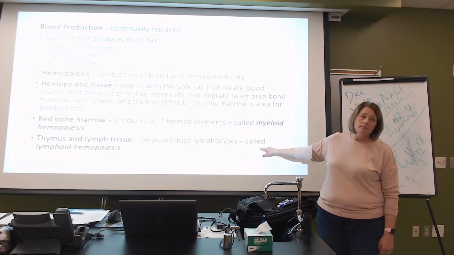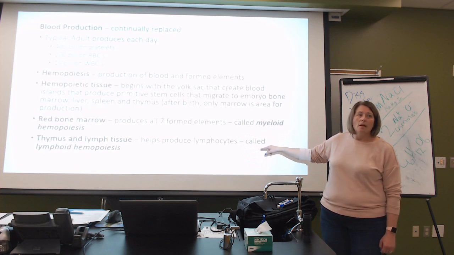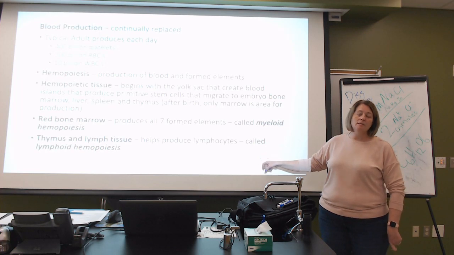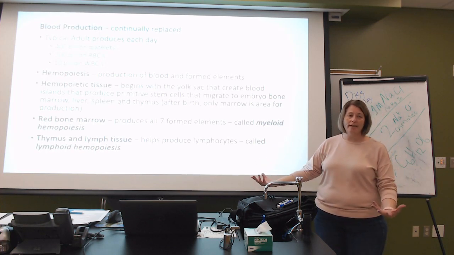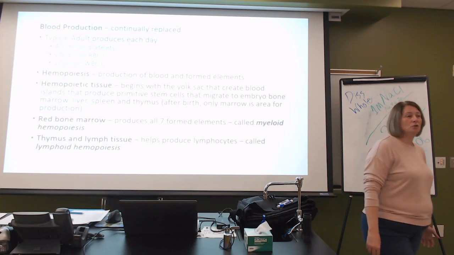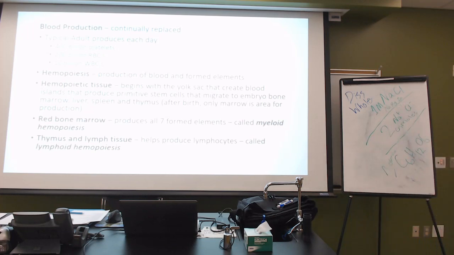As we're growing, as blood cells are formed, some of them have to migrate to continue becoming mature. They will need to go to the thymus gland and lymph tissue. But the formation is going to be the red bone marrow.